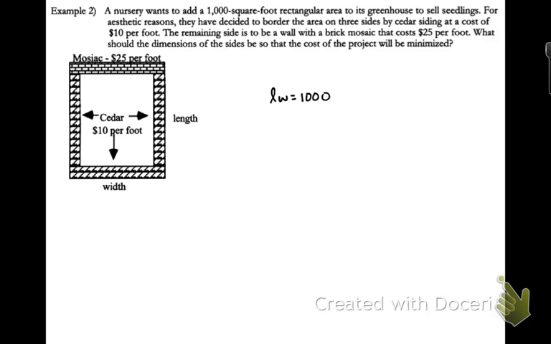We also are told that they want the border on 3 sides to be cedar siding at a cost of $10 per foot.